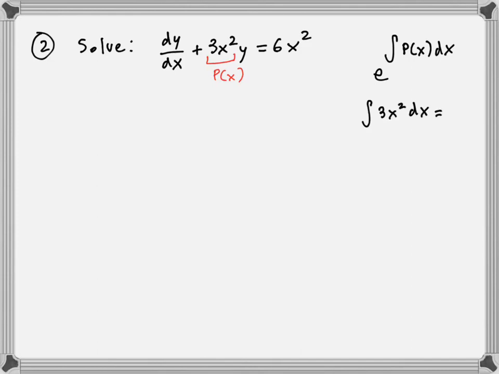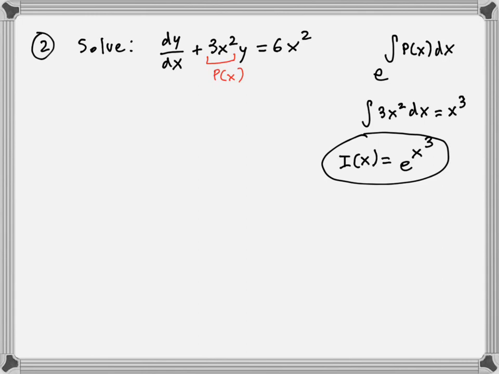This is going to equal x cubed. Next, I of x is going to equal e to the power of x cubed. This is our integrating factor. Okay, so that was step 2. Again, we skipped step 1 because it was already in standard form.